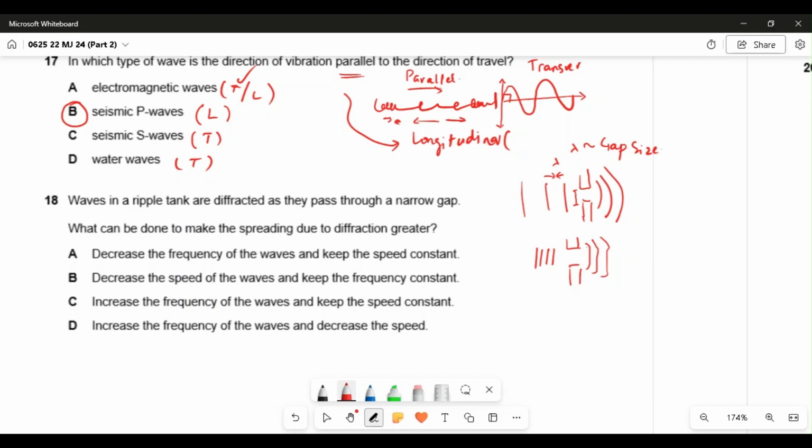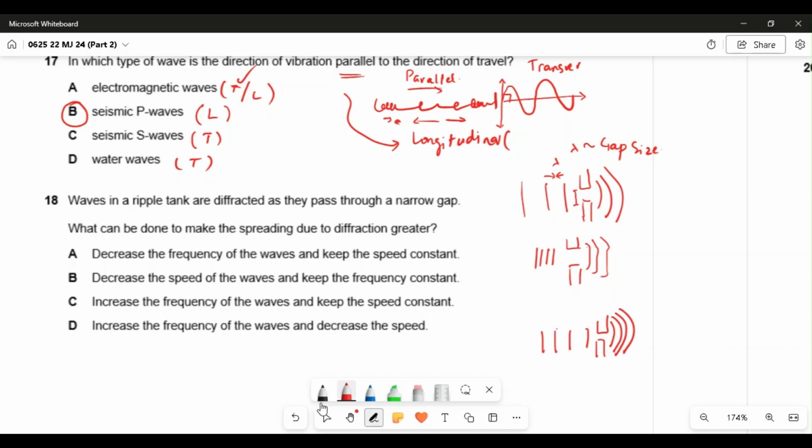If I increase the wavelength and the gap is smaller, then diffraction phenomena will be more visible. So, to have a diffraction phenomena, the slit or the gap size should be at least equal to the wavelength.